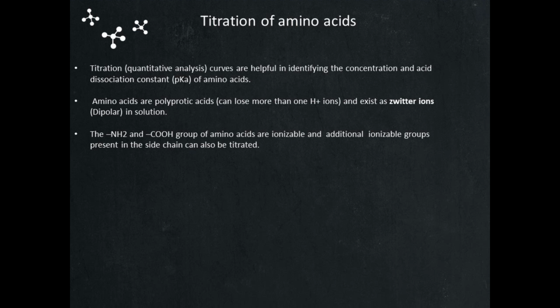So the curve which we obtain during titration of an amino acid depends not only on the amino and carboxyl groups but also on the side chain.